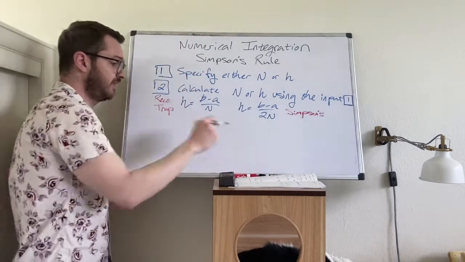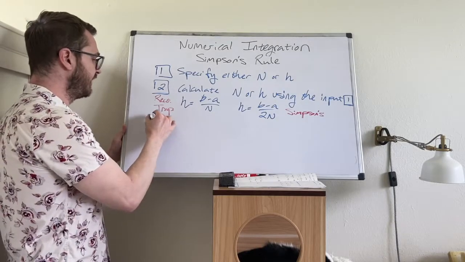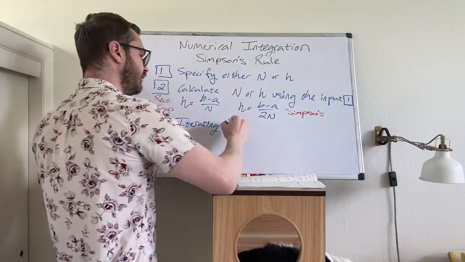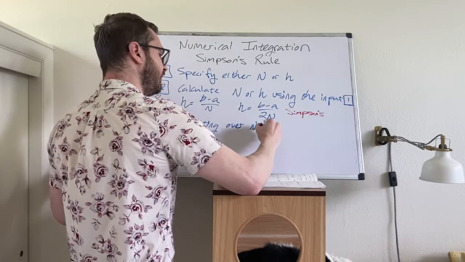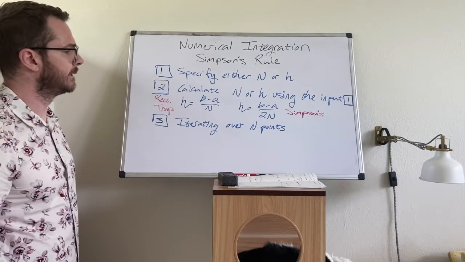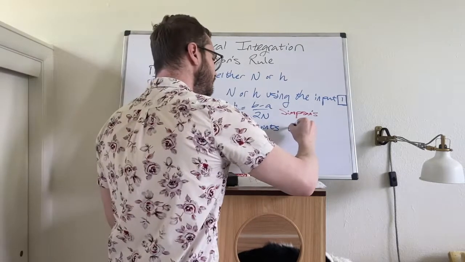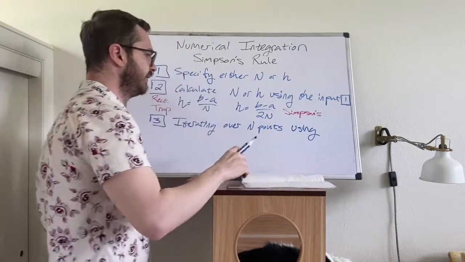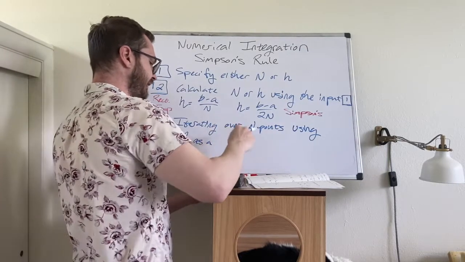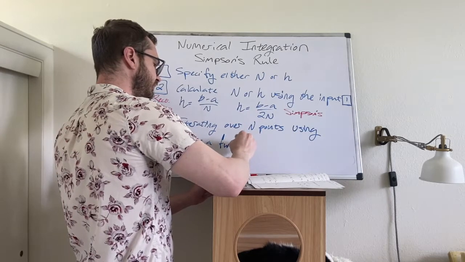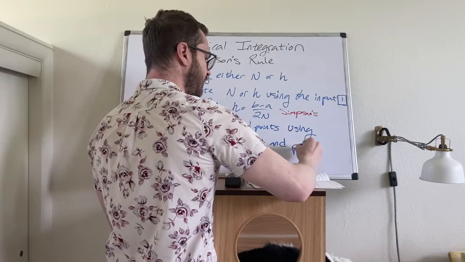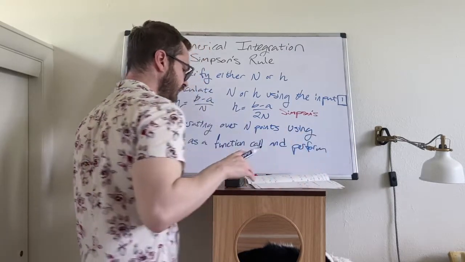After that, the algorithm is really just iterating over n points. You just iterate down the length of these points, using f, let's say, as a function call, and perform... This is getting kind of small on the bottom.